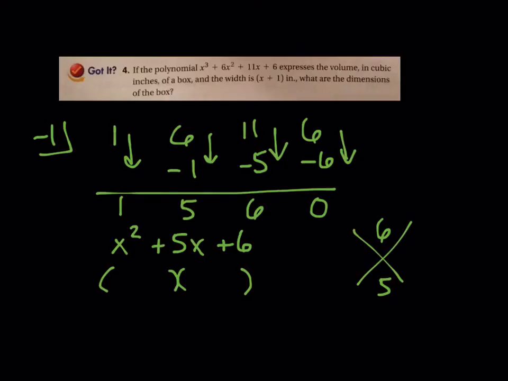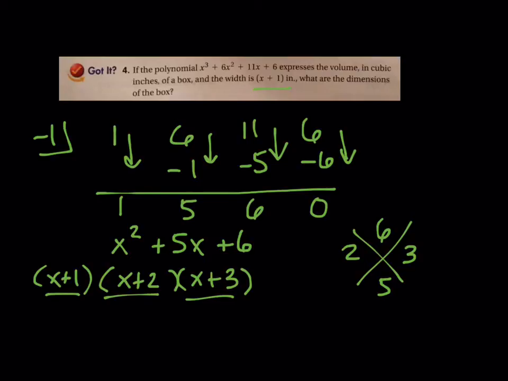I actually want 2 and 3. 2 times 3 is 6, 2 plus 3 is 5. So x plus 2, x plus 3. So the dimensions of the box: we already knew x plus 1, then x plus 2 and x plus 3.